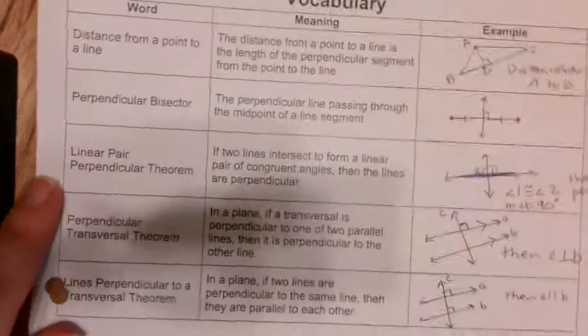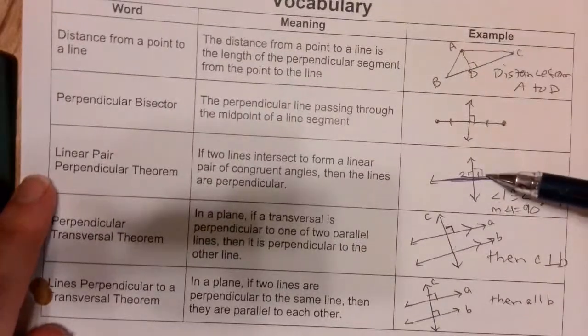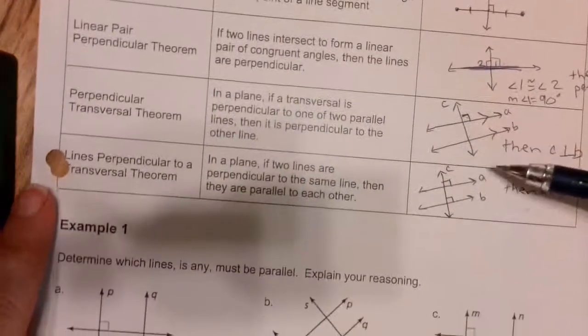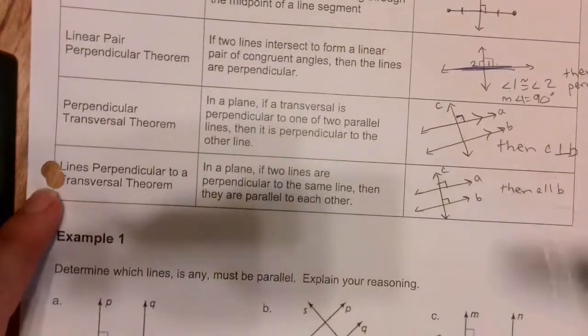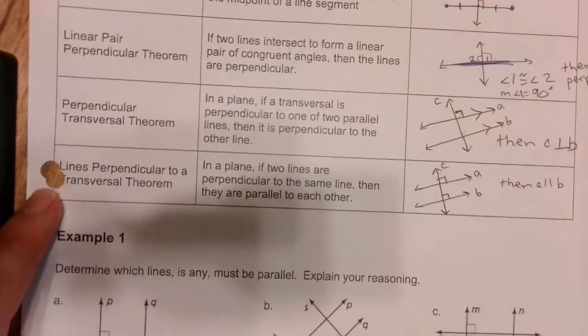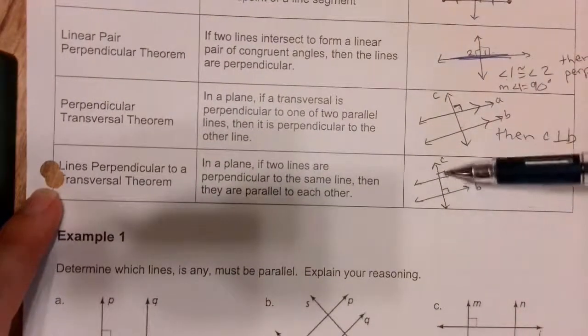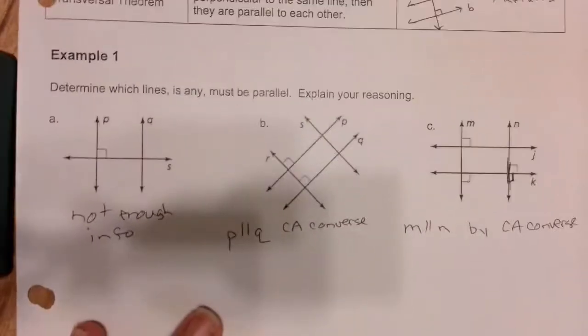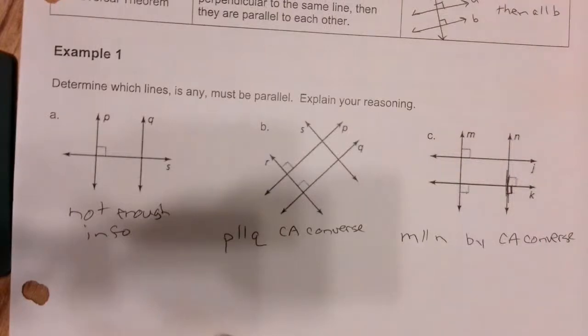Technically what we used the linear pair perpendicular theorem to say if one's 90, the other's 90. And then we used the lines perpendicular to a transversal theorem and said, hey, look, if they're both 90 degrees, then the lines are parallel. Corresponding angle converse is just fine.